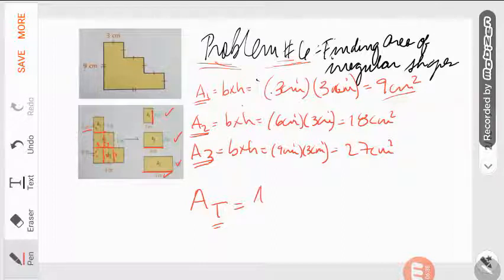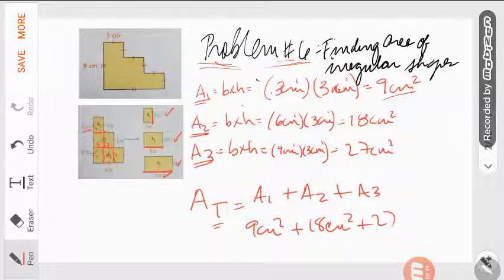It will be the addition of area 1, area 2, and area 3, which is 9 plus 18 plus 27, all with square centimeter units. Then we add these together, and we end up having what? 54 square centimeters. Okay, so that is the solution for the problem on page 63, problem number 6.